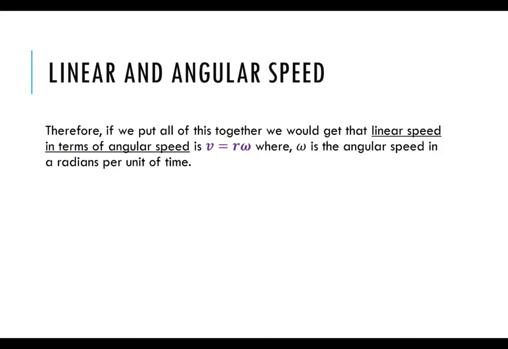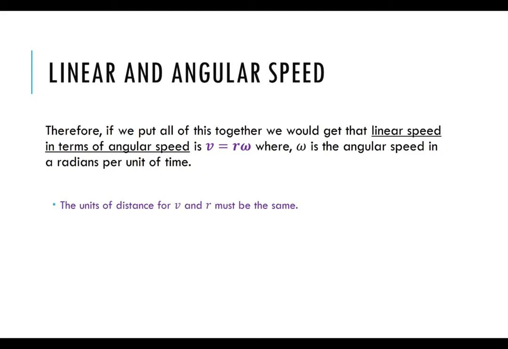If you combine those linear and angular speed formulas, you can say that linear speed v is equal to the radius r times omega, the angular speed. V is equal to r omega. Specifically, we're assuming that omega is angular speed in radians per unit of time, and this is necessary for this to work.